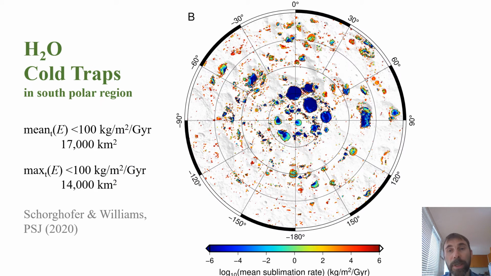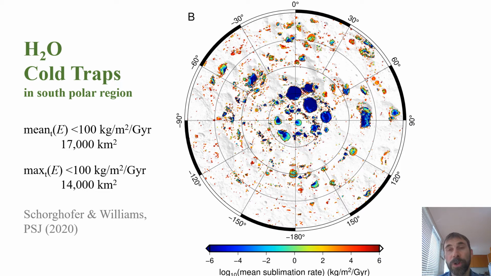And so this is a map of water ice cold traps we published last year in the Planetary Science Journal. Using max T instead of mean T just gives fewer cold traps and a smaller cold trap area for H2O, and the change from max T to mean T makes more of a difference than a choice in threshold.